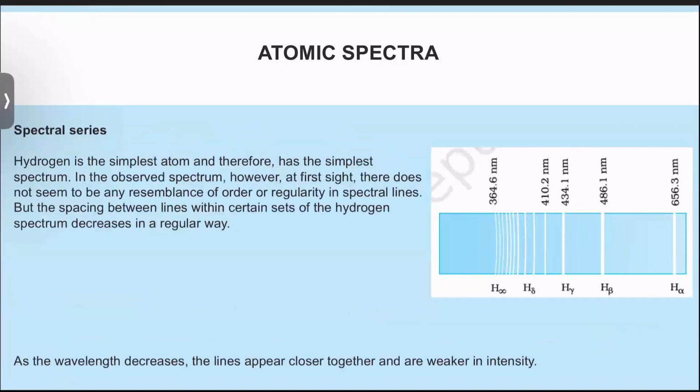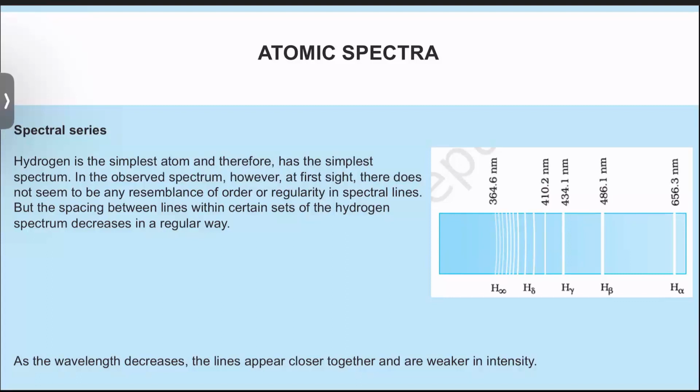Then we have spectral series. So what are spectral series? The light or radiation emitted by a particular element at certain specific wavelengths is characteristic of that element.